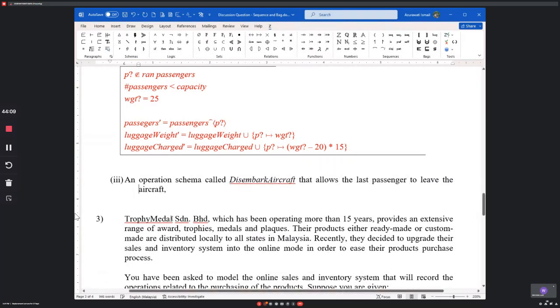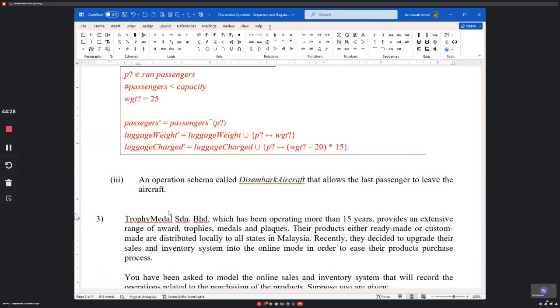So, assuming this is our question: an operation schema called disembark aircraft that allows the last passenger to leave the aircraft.